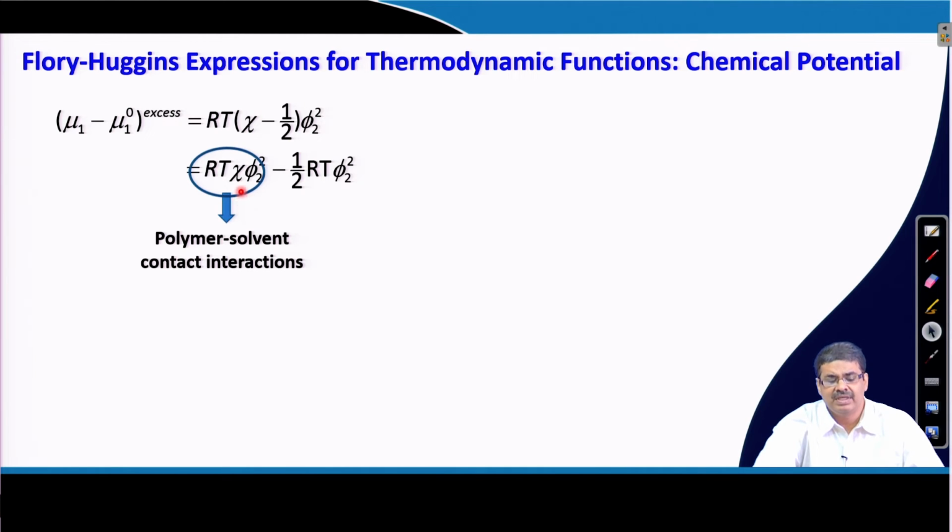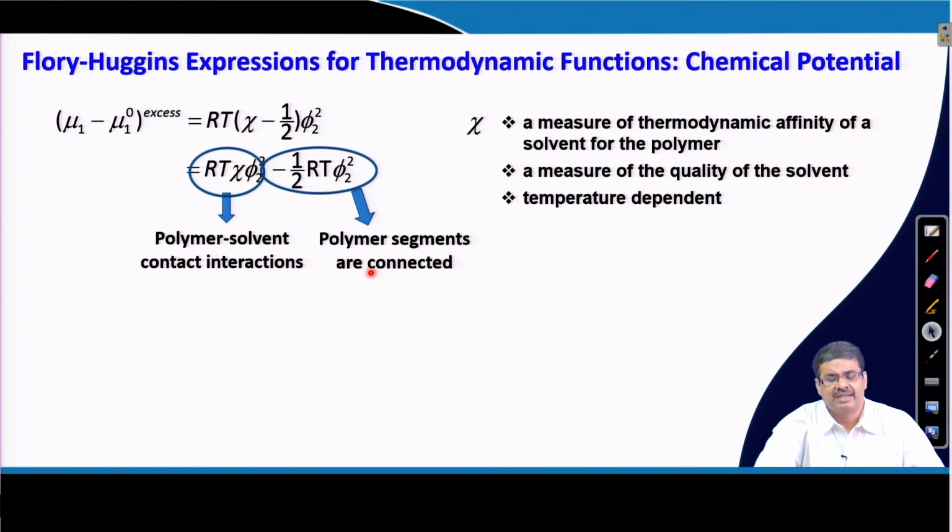So, there could be an entropy change as well due to polymer-solvent contact interaction. And the second term is because the polymer segments are connected. So, the molar volumes of the polymer and the solvent are not the same. So, this term arises because of the fact that polymer segments are connected.